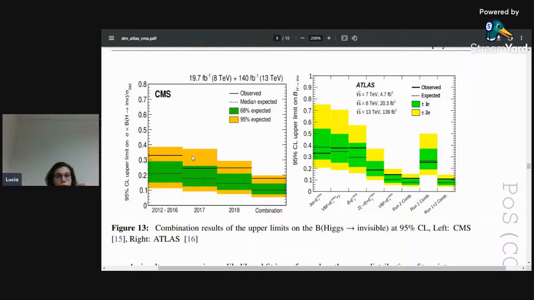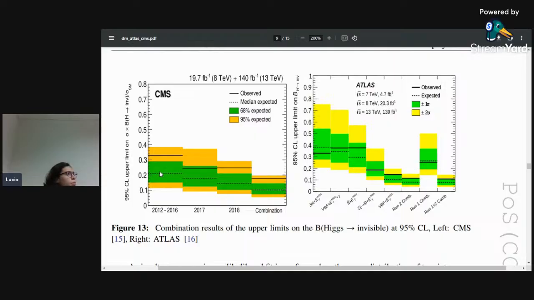So they improved the analysis for each one, and it went down. This is a combination of all the data-taking runs. The ratio to the standard model seems to go to what it should be. You're taking more data and narrowing down the errors. What do they mean by median expected?